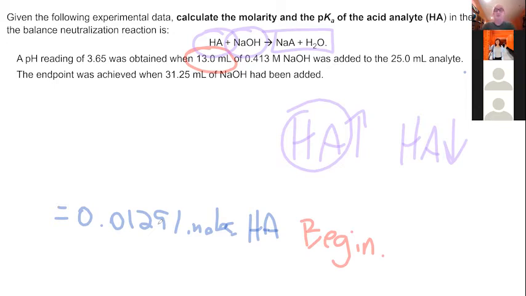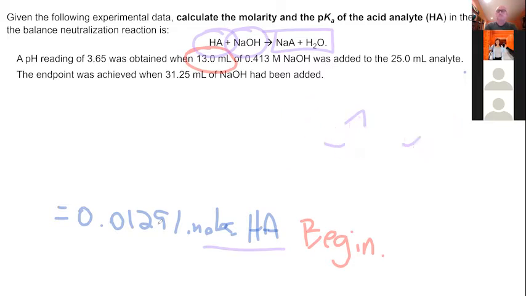So if that's the case, how many moles of HA will have been consumed after 13 mL of 0.413 molar hydroxide have been added? How am I going to figure that out? We can use the pH.